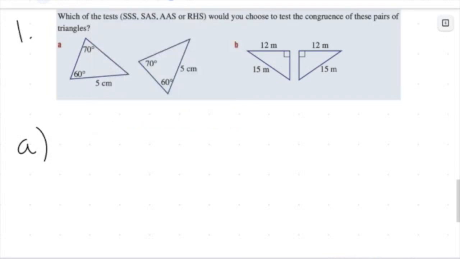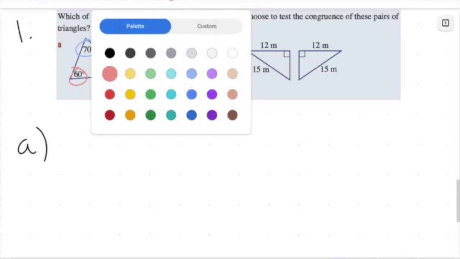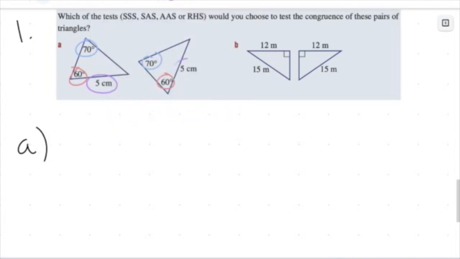Now, let's just look at what we've been given. We've been given a pair of equal angles, another pair of equal angles, and a pair of equal sides. What do we have here? We have two angles and a side. That's all we're doing at this stage. We're just looking at what we're given and looking at the tools we have for proving congruence and then just stating what that would be. So that's all there is to part A.